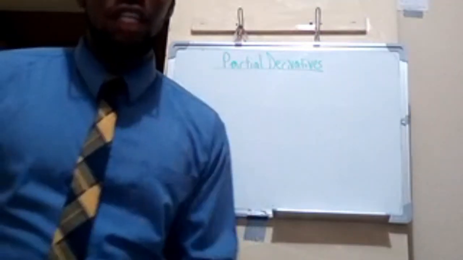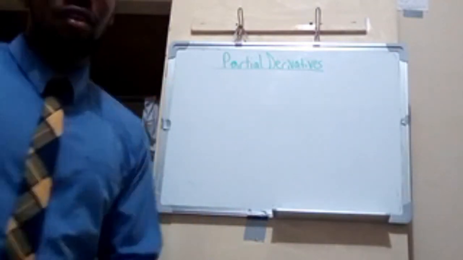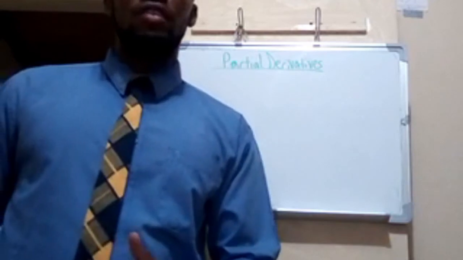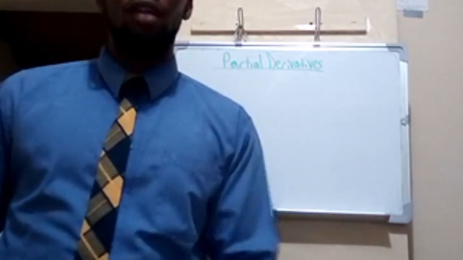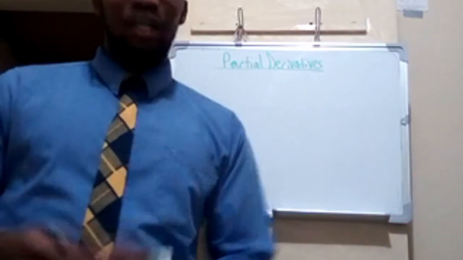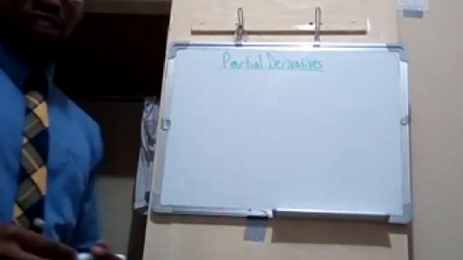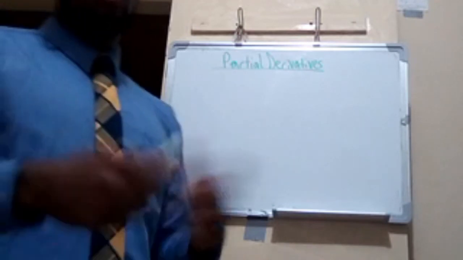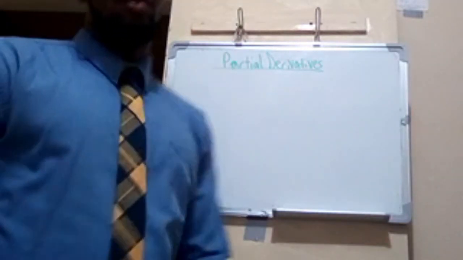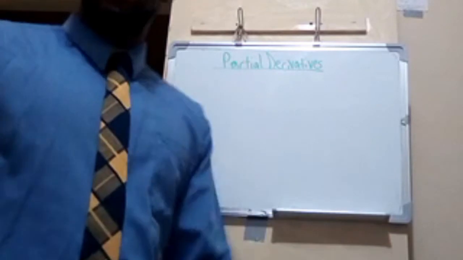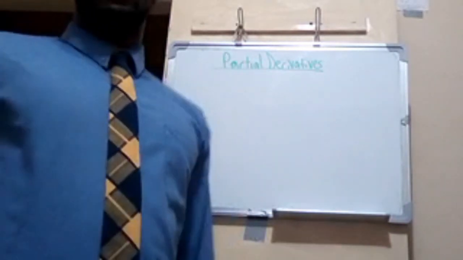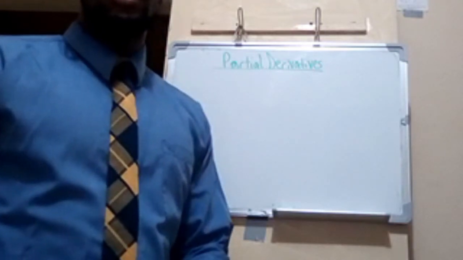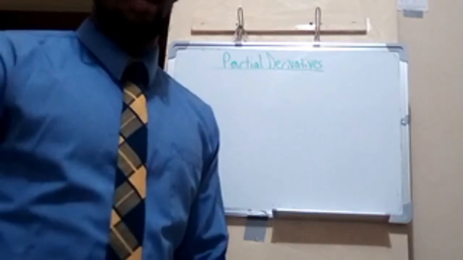Well, partial differentiation is when we find the derivative of a function with respect to one variable and hold the other variable constant. For example, we're given a function in terms of 2 or 3 variables. We cannot differentiate the function strictly in terms of x or y, both at the same time. So we have to differentiate by one variable, then by another.